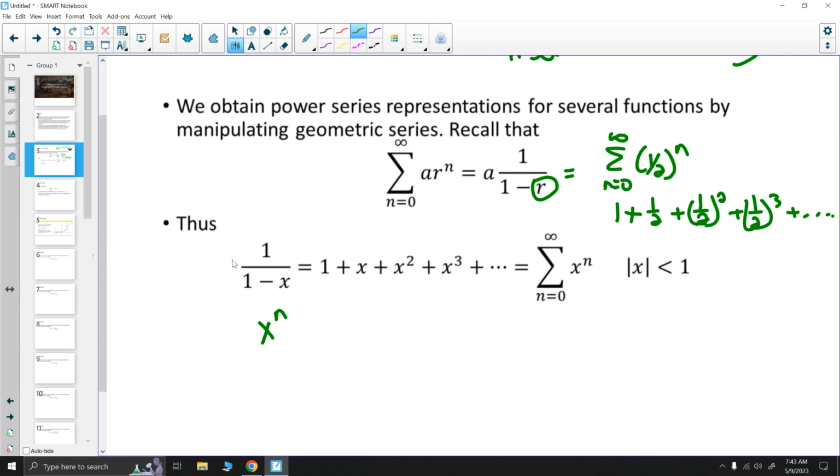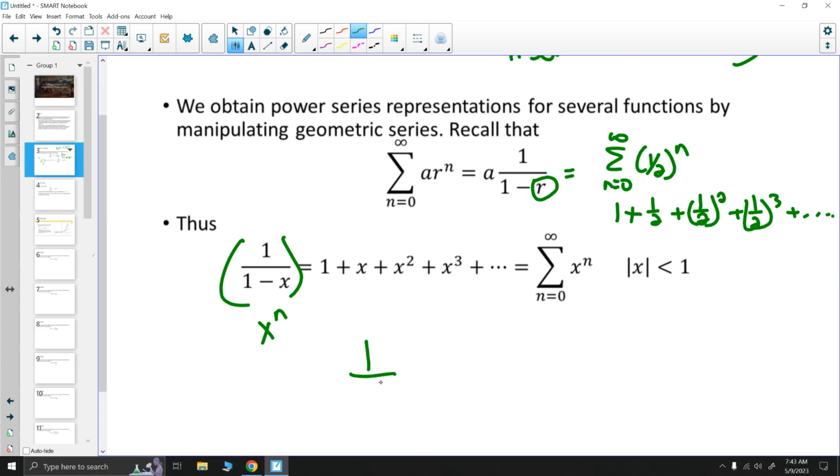So we're going to use this basic logic. That is, this thing is equal to this, okay? Where we are going to try and match all of our functions into this form, 1 over 1 minus something, and that something is going to be raised to the n.